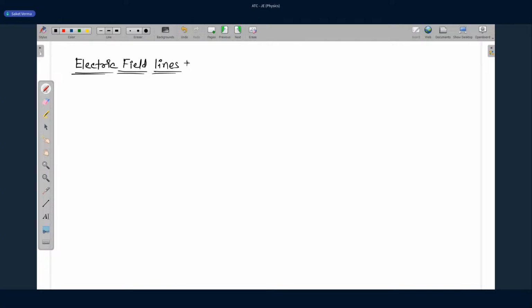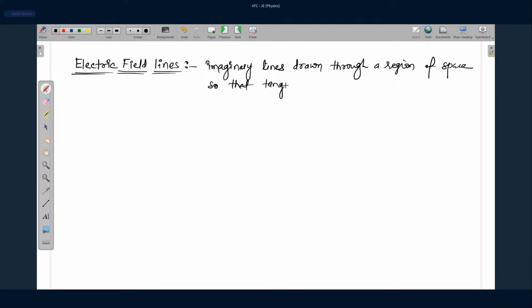So these are imaginary lines drawn through a region of space so that the tangent at any point of it shows the direction of the electric field.